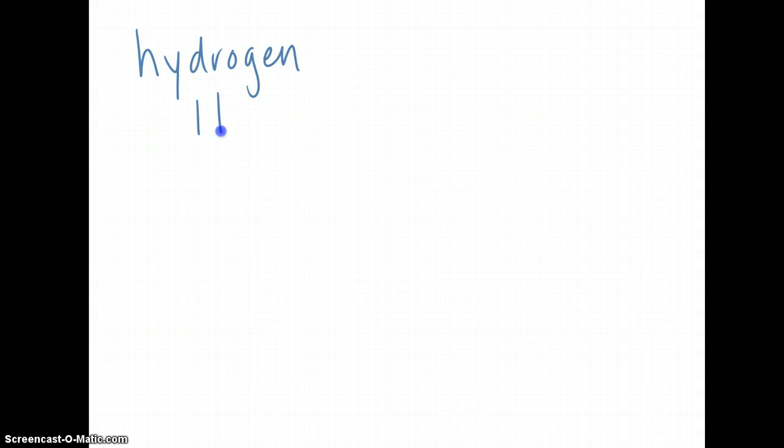So now let's work on a different type of bond. And this bond would be perhaps, let's say we have hydrogen. All right, that's H. And we know that hydrogen is a non-metal. So just keep that in mind. Even though it's on the left-hand side of the periodic table, it is a non-metal. And we have also chlorine.